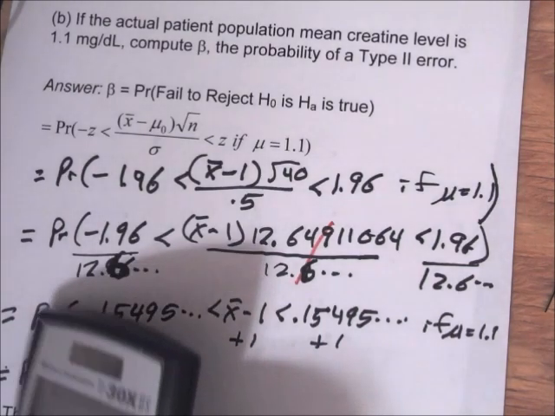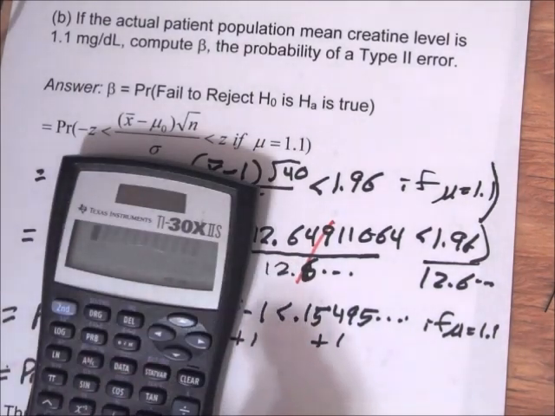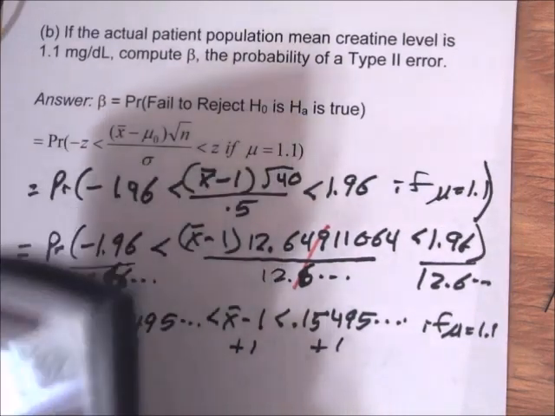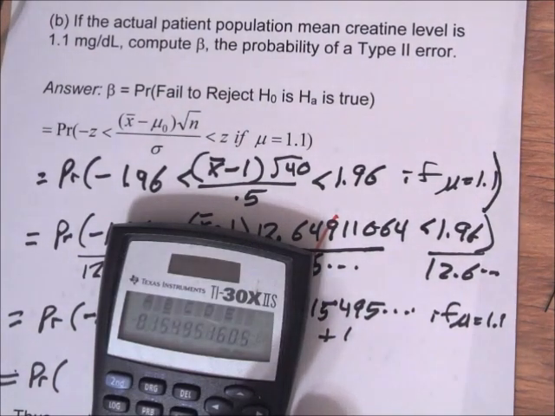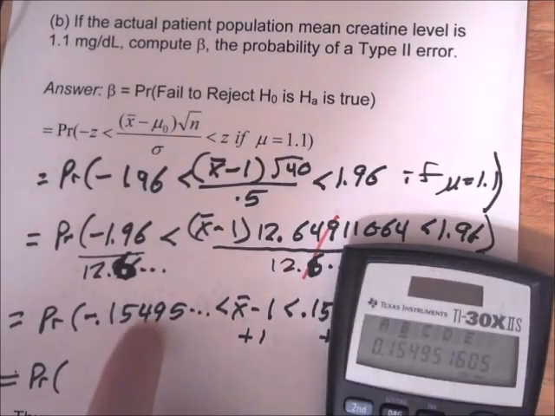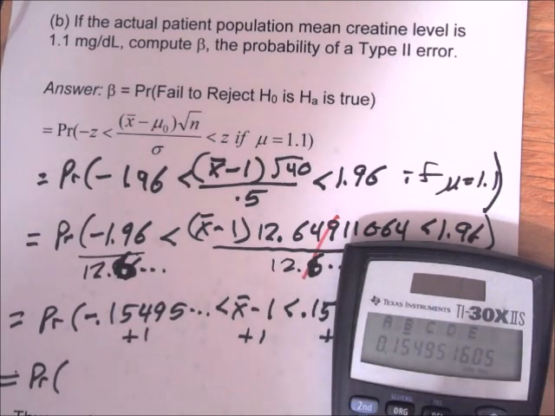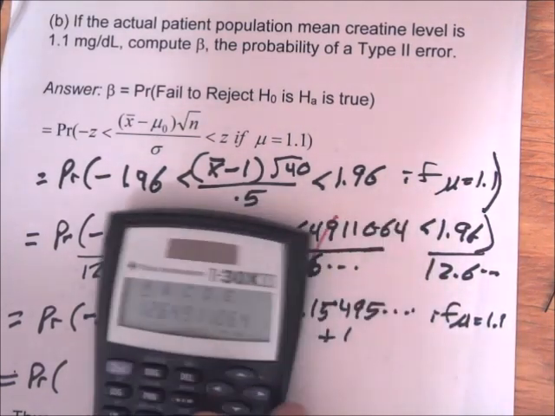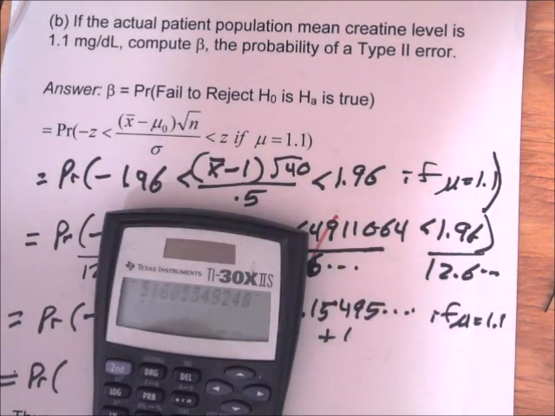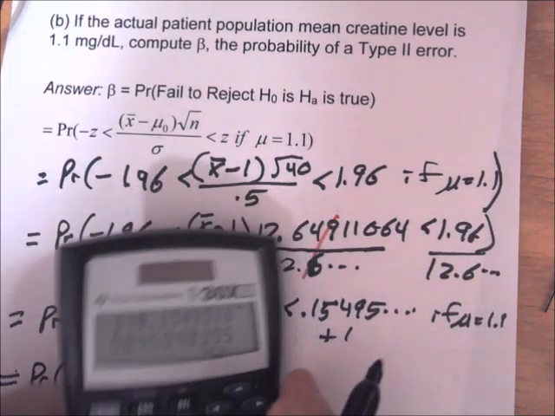Okay, so I'll put these in the calculator. I have these in memory already, so it'll be 1 plus a negative 0.15 something. So let's go 1 minus, second, recall, I get 0.845 something, a long string of decimals.